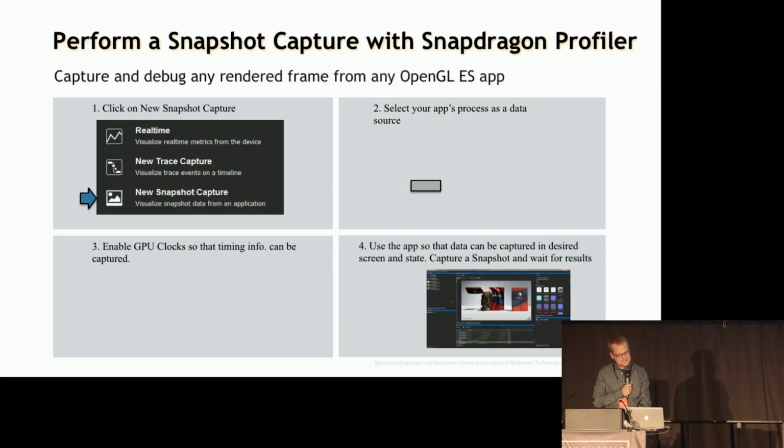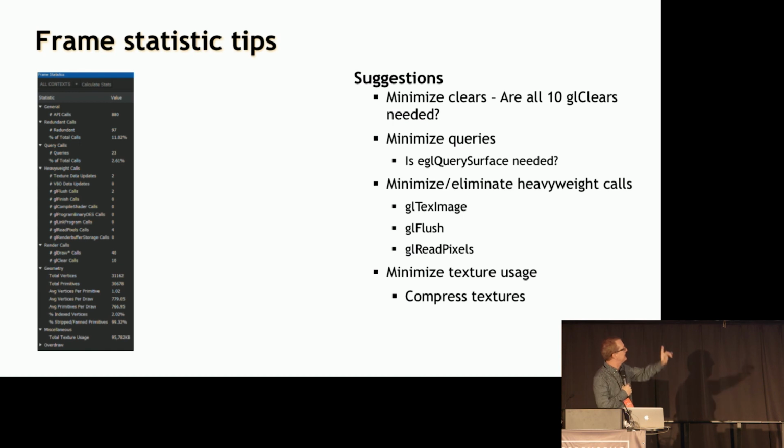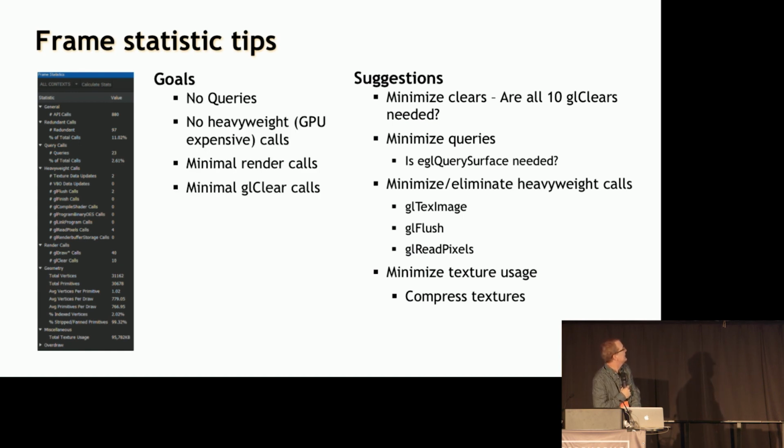There's also a snapshot capture. And this is something that all the profilers do. You can basically capture a frame and then analyze it. So I did the same app and found there were a lot of issues here as well. There were heavyweight GPU calls. There were a bunch of queries that they didn't need to happen.